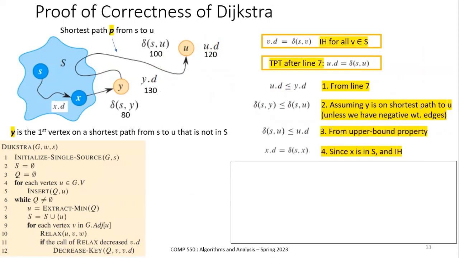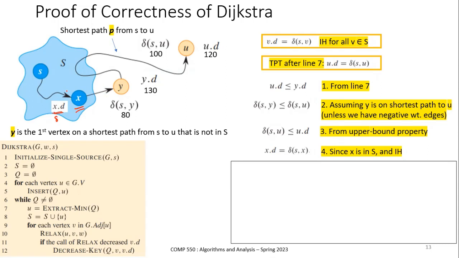Can you see how the convergence is now going to be used? We're saying that X is inside S, so it satisfies one of the requirements: it has already achieved X dot D. The estimate X dot D is already equal to delta, because that was the induction hypothesis.